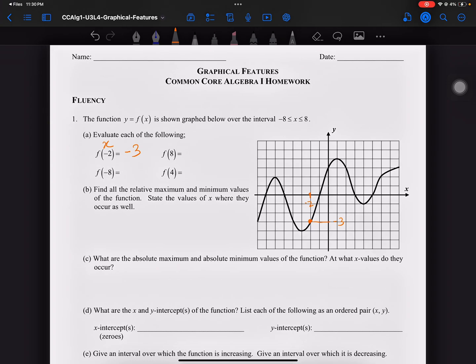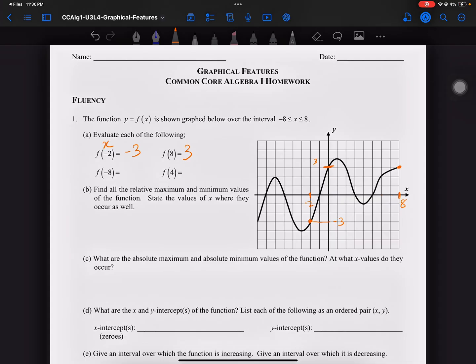f(8), go to x = 8. x = 8 is here, and then look up the graph. This is our coordinate of y. So y is 3. Next, f(-8).